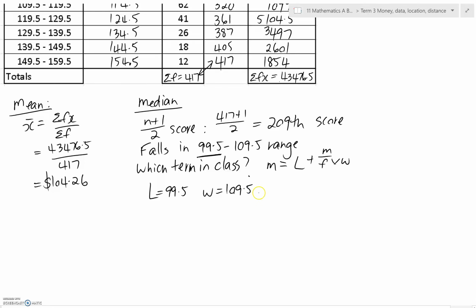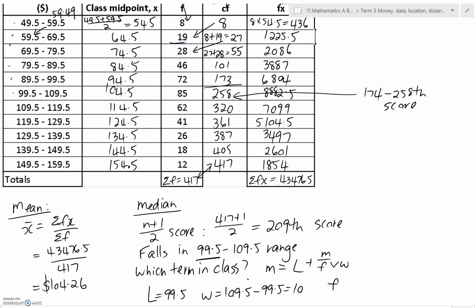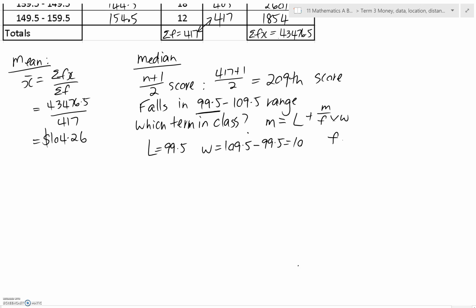So how far is it between 109.5 and 99.5? In this case, that's going to be equal to 10. Our F value is the frequency of our class. So how many appear in the class that we're interested in? There's 85 in the class that we want.